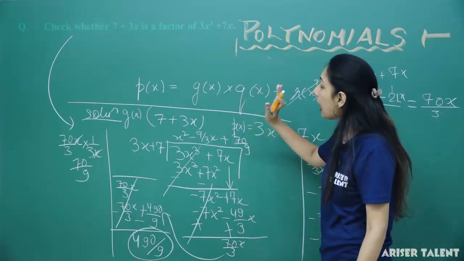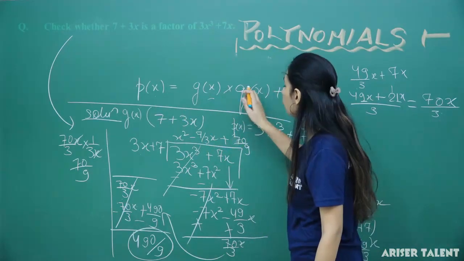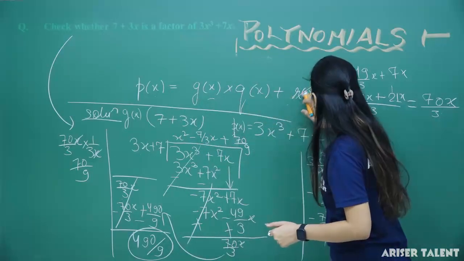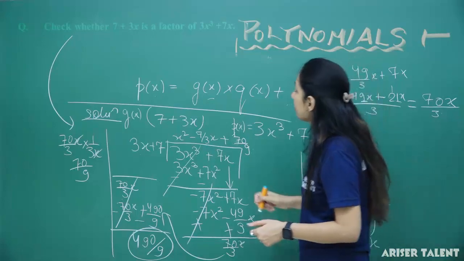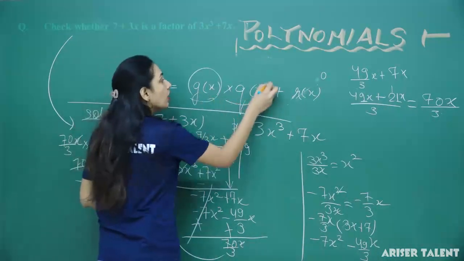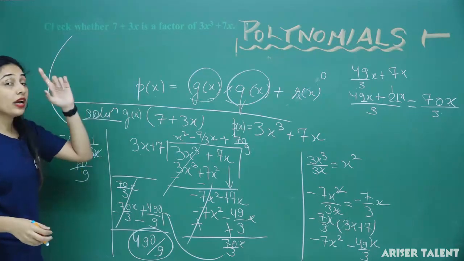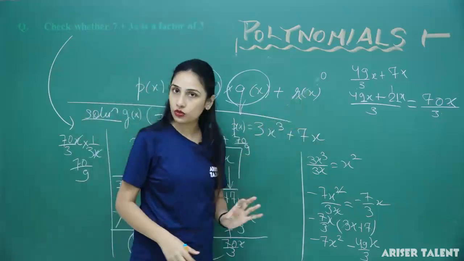In that case, I can say that yes, Gx is a factor of Px and Qx is a factor of Px. In this case, I am getting some remainder. That means neither of these two is a factor of Px, because it's only possible when Rx equals 0.